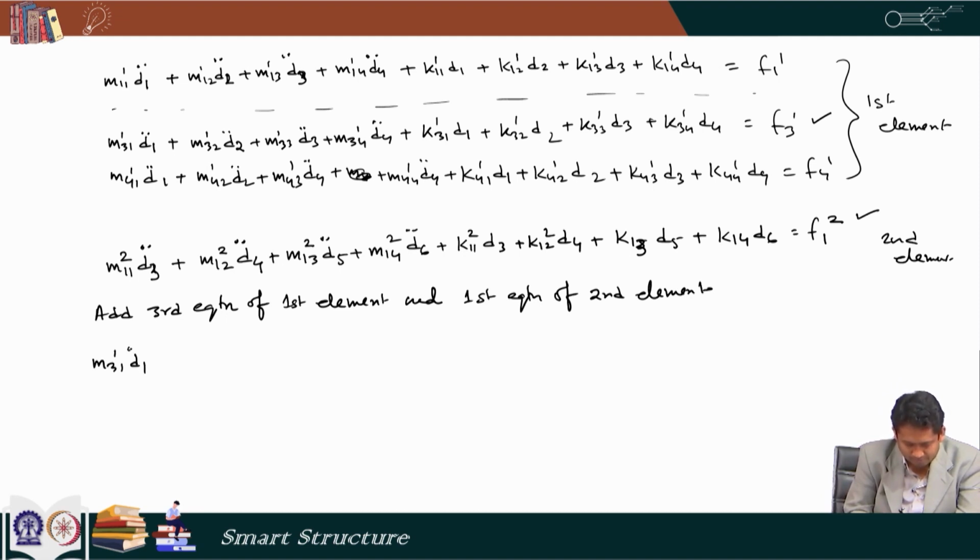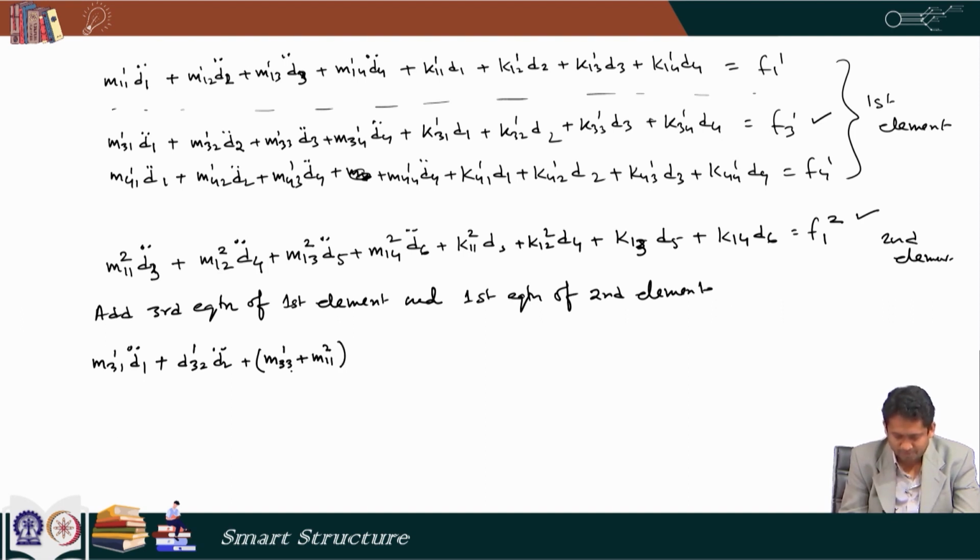M31 D1 double dot plus M32 D2 double dot. Then when I am adding this term and this term, the mass terms get added and I get M33 of 1 plus M11 of 2, they get added and they are multiplied with D3 double dot.